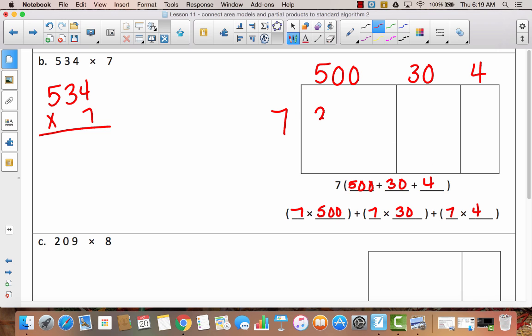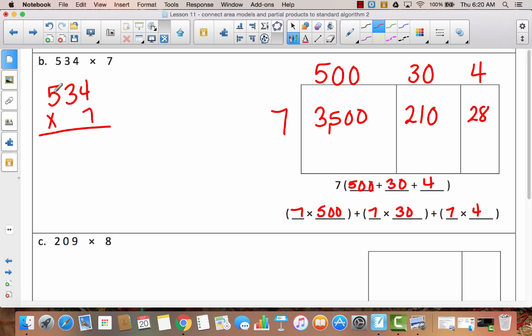Well, that would be 3,500. What's 3 tens times 7? 21 tens. And 4 ones times 7 is 28. So we can use these partial products to fill in over here so that we can get a total product.